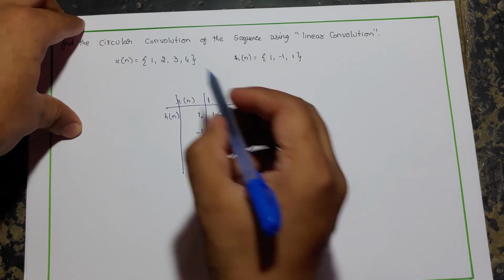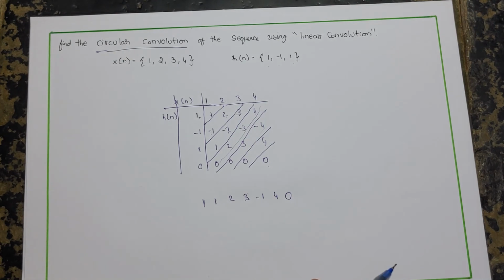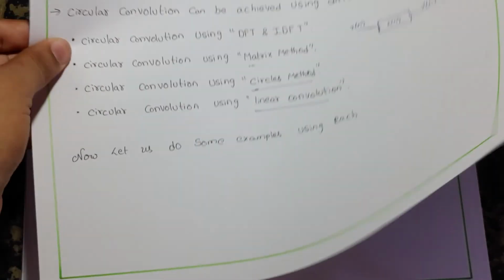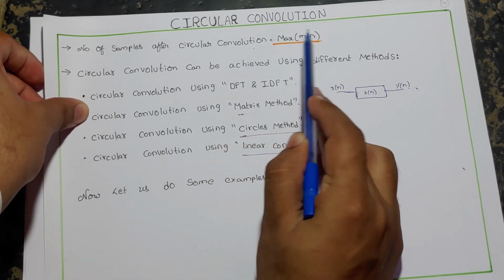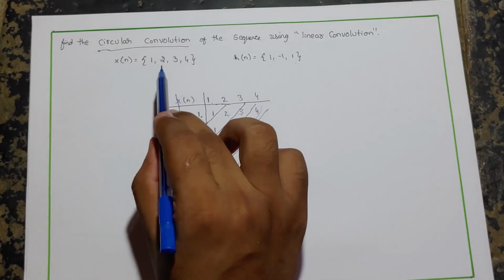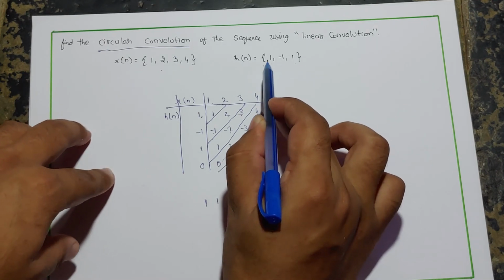Here we are going to find the circular convolution. We know that in circular convolution, the number of samples after the circular convolution is the maximum of m comma n, where here m is 4 and n is 3, so the maximum of them will be 4.